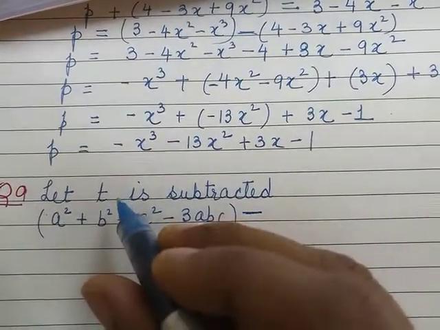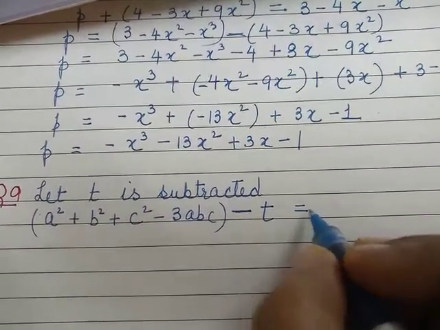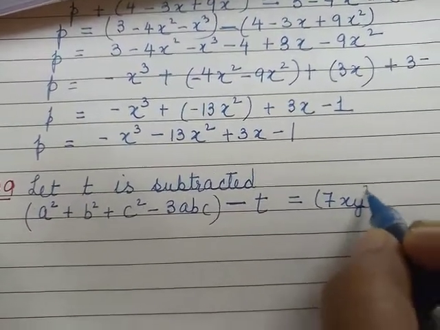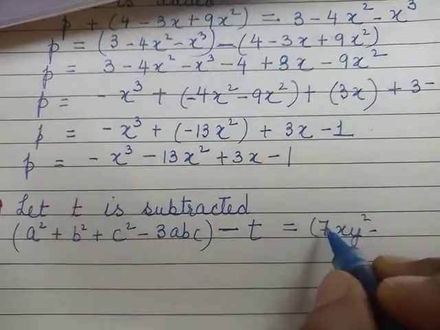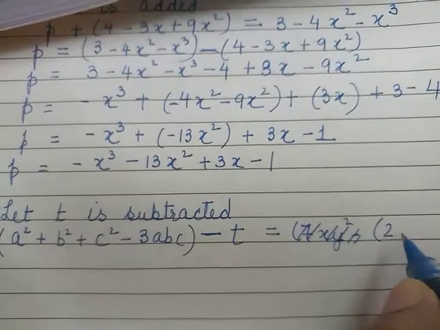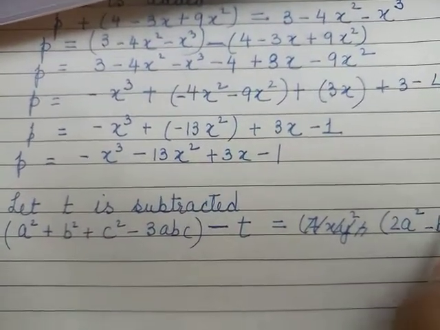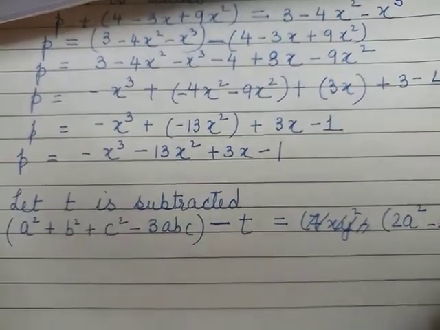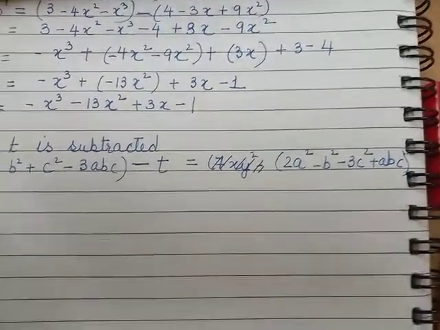We let what is being subtracted be t, to get what we are getting: 2a square minus b square minus 3c square plus abc.